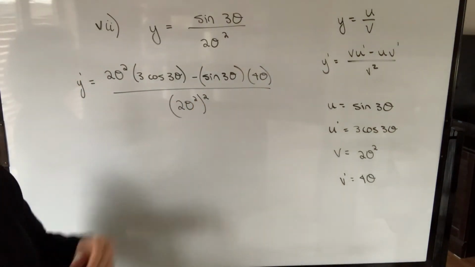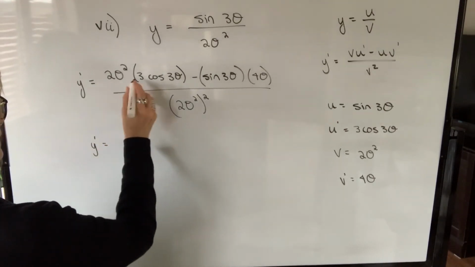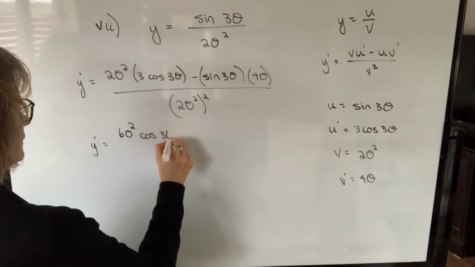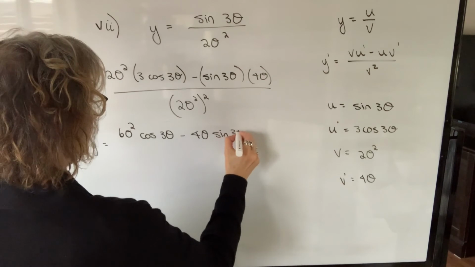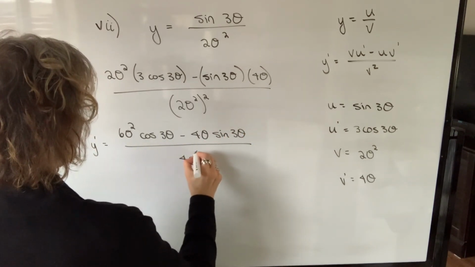Now we're just going to simplify and clean it up a little bit. So that's going to be 6 theta squared cos 3 theta minus 4 theta times sine of 3 theta over 4 theta to the 4th power.